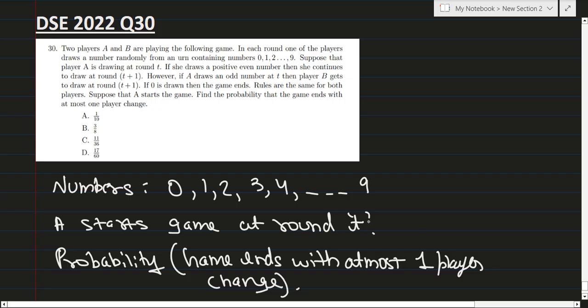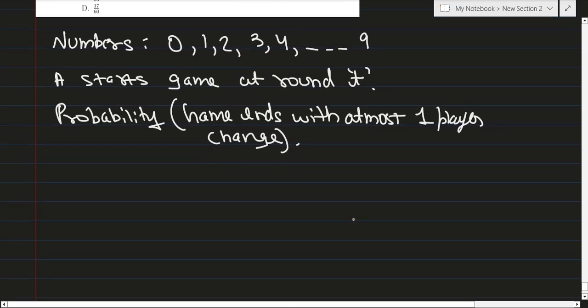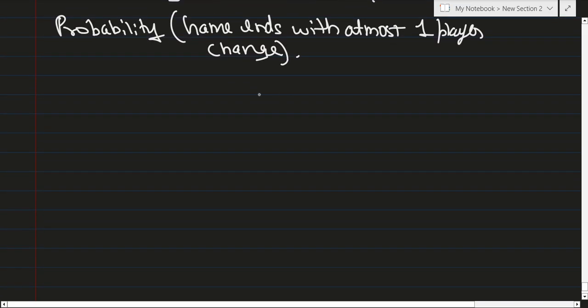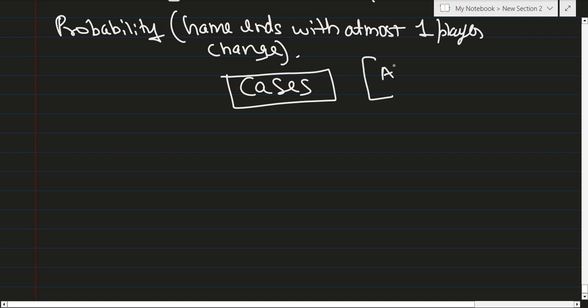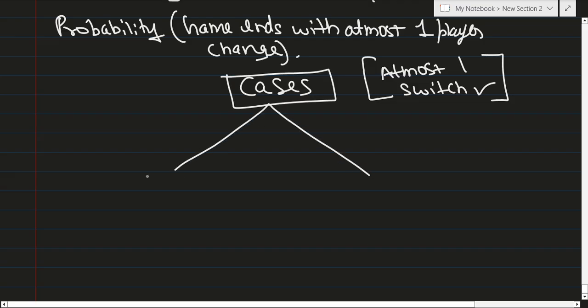Okay, so let's start solving this. We have to make two cases in this problem. Remember that we are allowed at most one player change, at most one switch. So basically we make two cases.